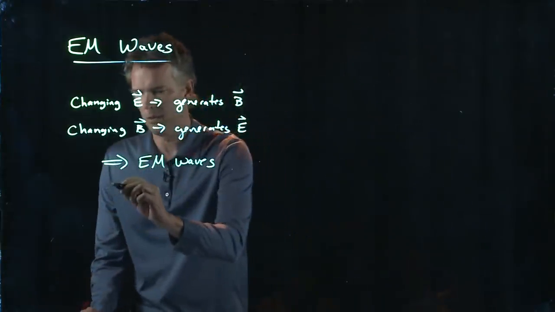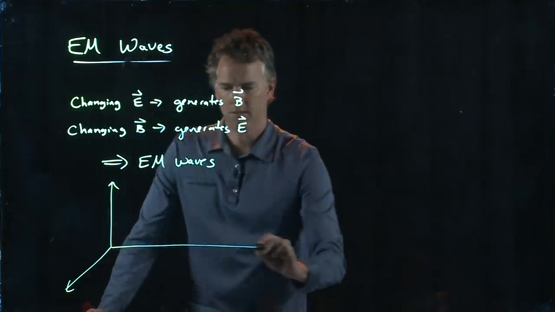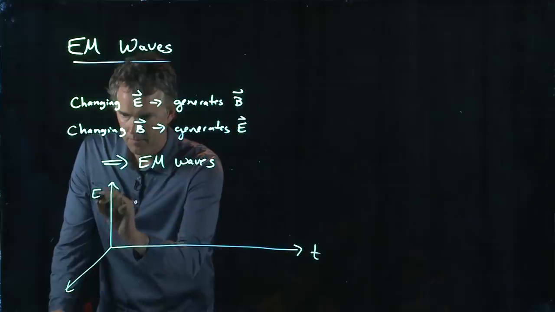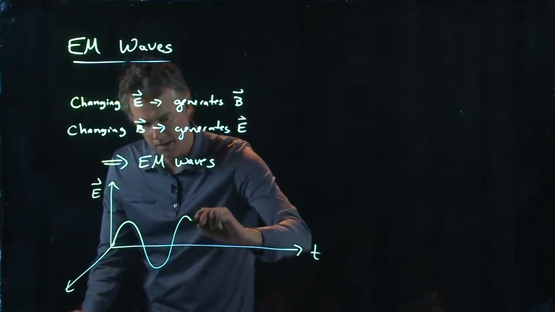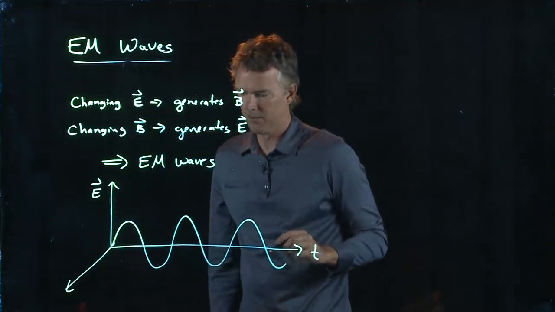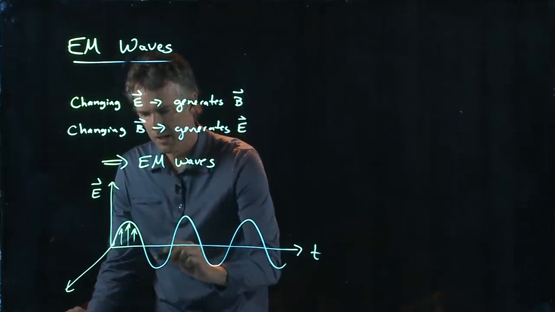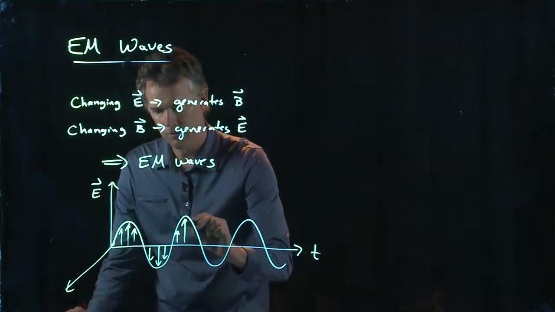Okay? An electromagnetic wave looks like this. I've got an E field that is going up and down, like so. And this means that it's pointing up in this region. And then it's pointing down in this region, and so forth.